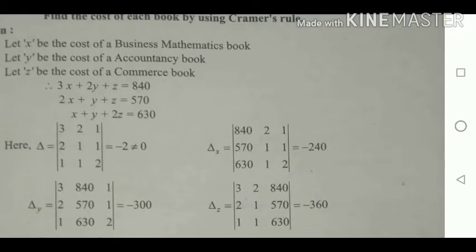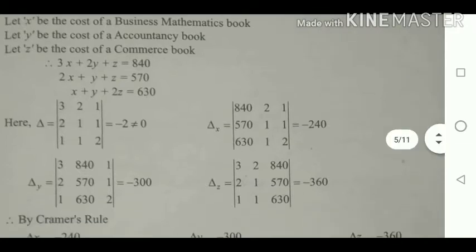Now change these equations into determinant form. Delta equal to 3, 2, 1, 2, 1, 1, 1, 1, 2. The value of the determinant delta is minus 2, which is not equal to 0. Then applying the rule, changing the first column as 840, 570, 630, we are finding delta x.